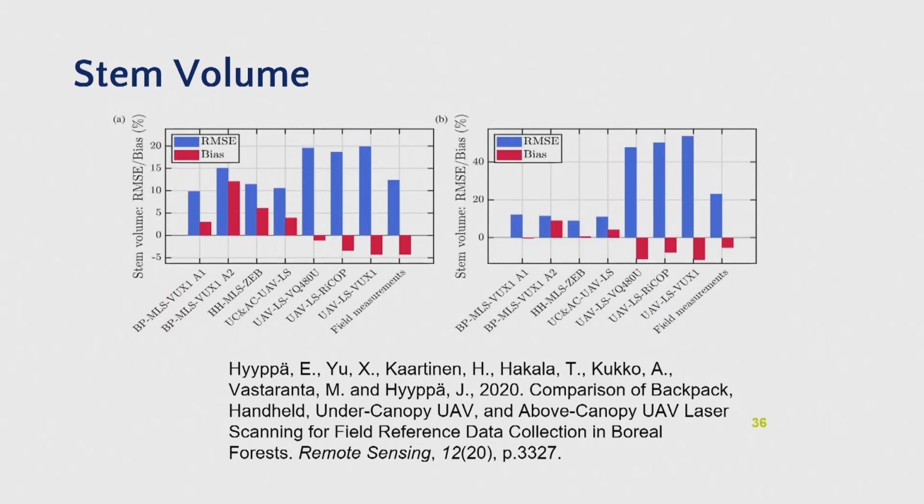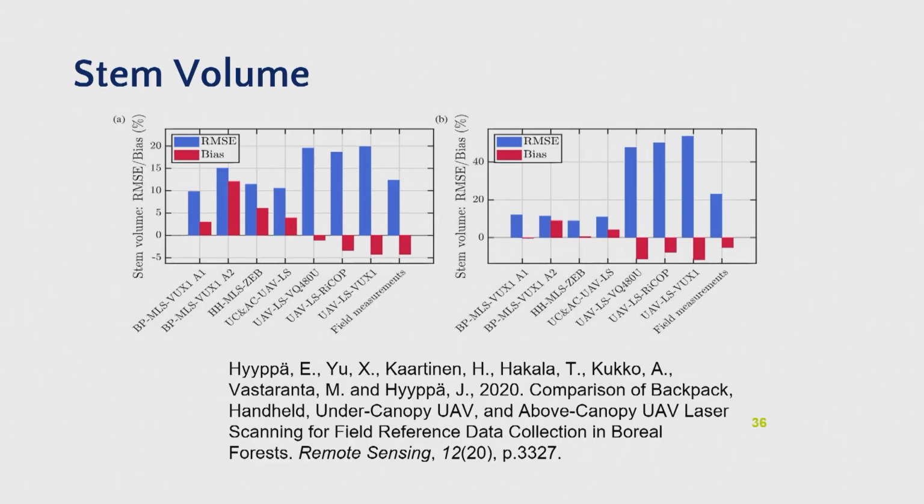On the left side you see the outcome of easy forest plots. On the right side you see the difficult plots. The first bars are based on mobile LiDAR, then the next 3 bars are coming from above canopy UAV, and the field measurement is the last one.